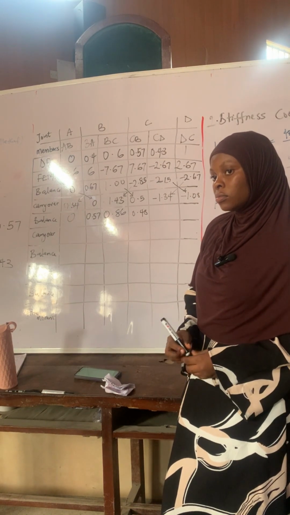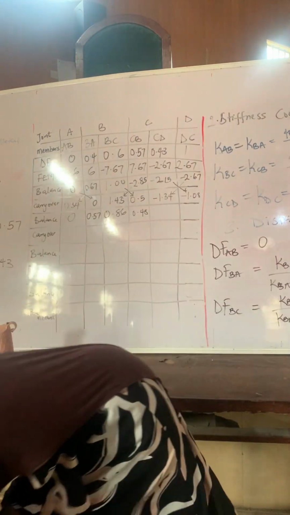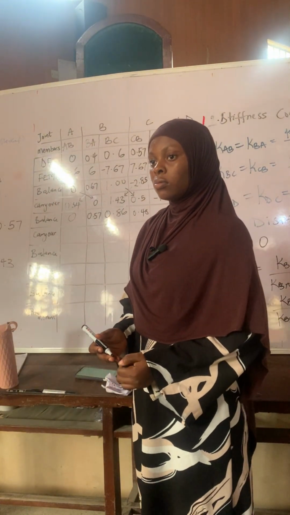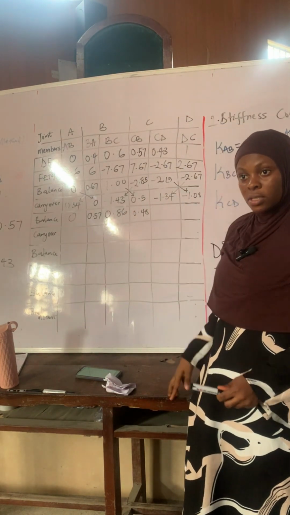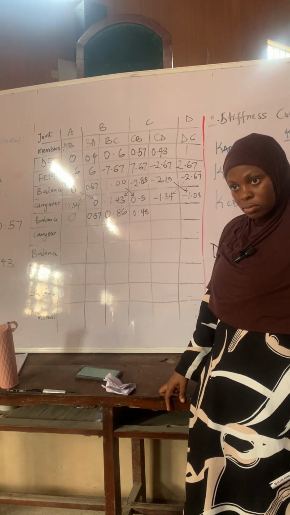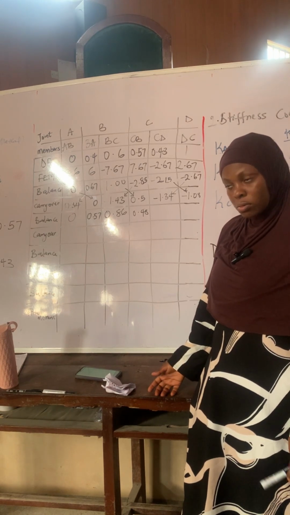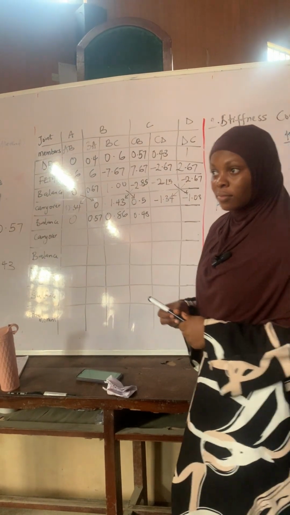It's 0.5 minus 1.34. It will give you negative, right? It's 0.5 minus 1 point... What is the answer here?